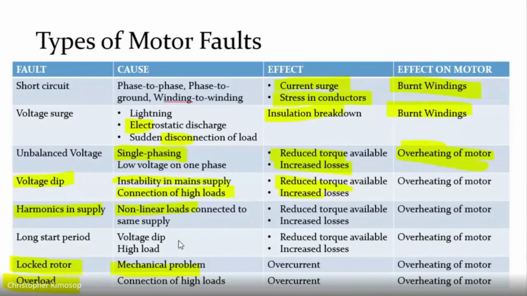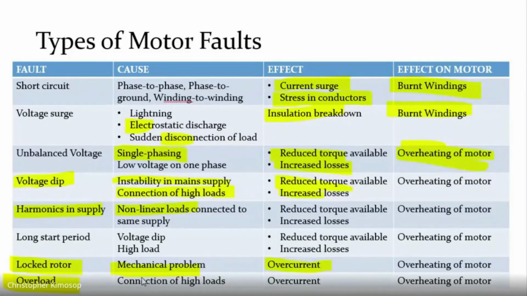If one of the bearings collapses and the rotor is not free to rotate, you will then have an overcurrent as the motor tries to create enough torque to overcome the locking of the rotor. And if this goes on long enough, you have overheating, and it can be a complete failure of the windings of the motor.